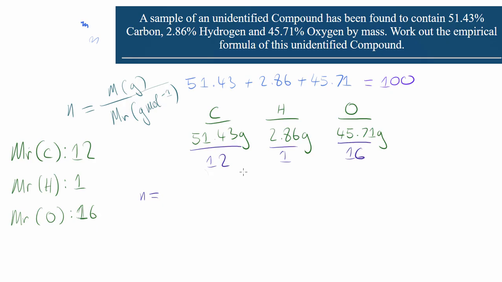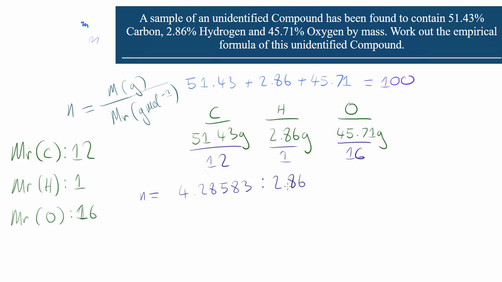So the first one, 51.43 divided by 12, is going to be 4.28583. And this is divided by 1, so you know the answer for this part is going to be 2.86, right?